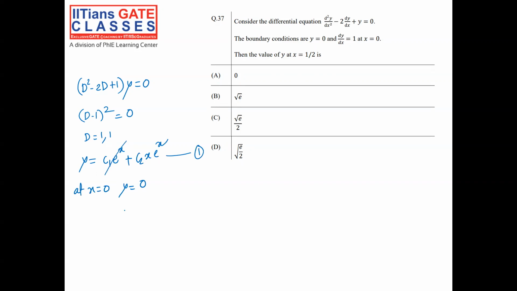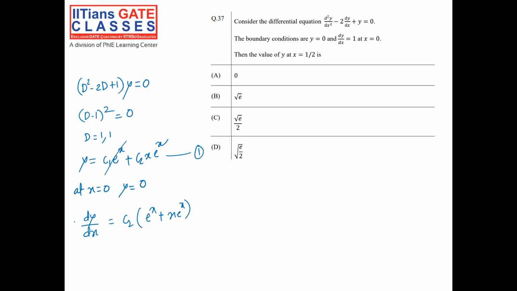They have also given another condition, dy by dx equal to 1. So let's differentiate it. Dy by dx would be now, we will just consider the second part because C1 is 0. We have to ignore it. C2 times e to the power x plus x e to the power x.